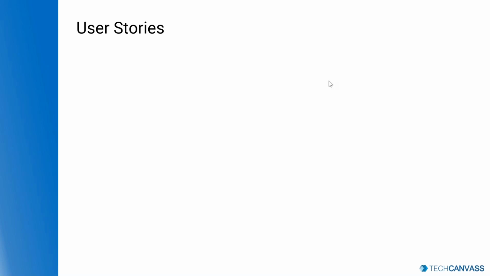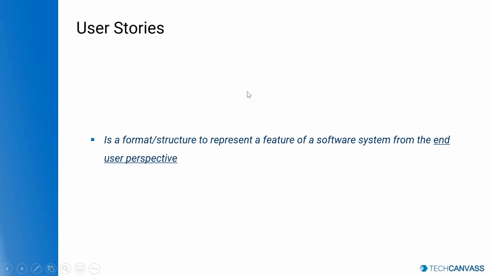So user stories, one aspect which you people have already clearly mentioned, takes the perspective of the user. So when I say user, it is the actual user of the system, which may be different than the people whom you are talking to for requirements.